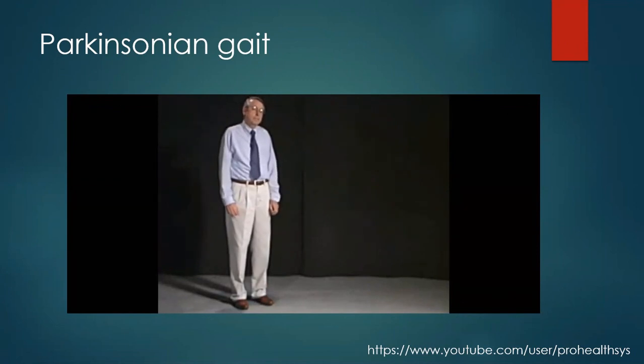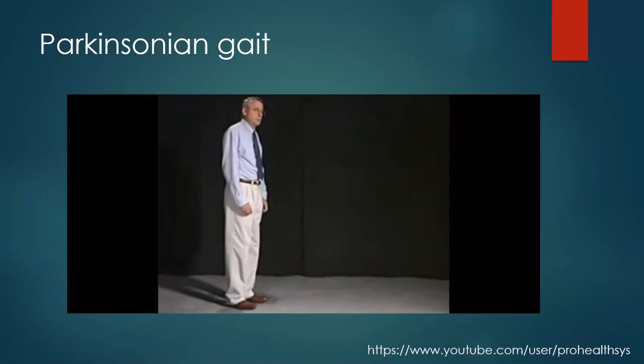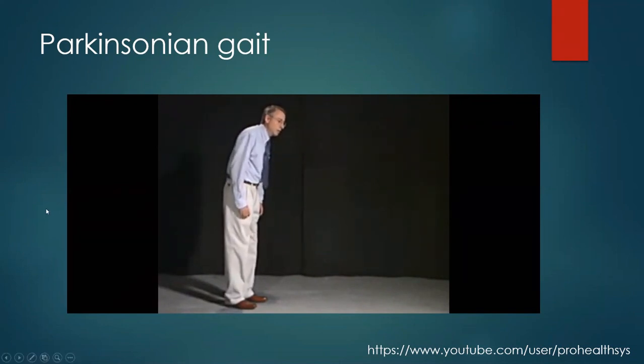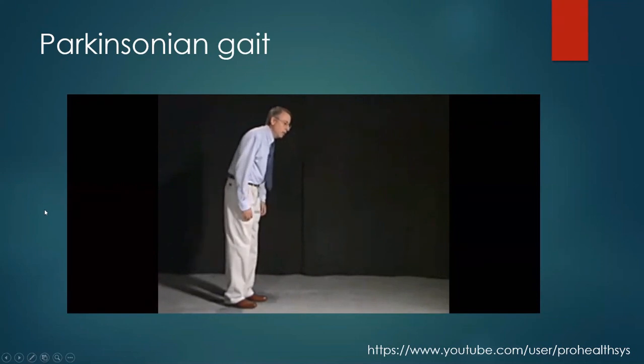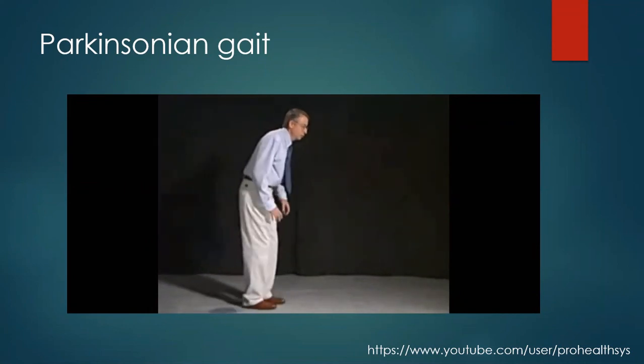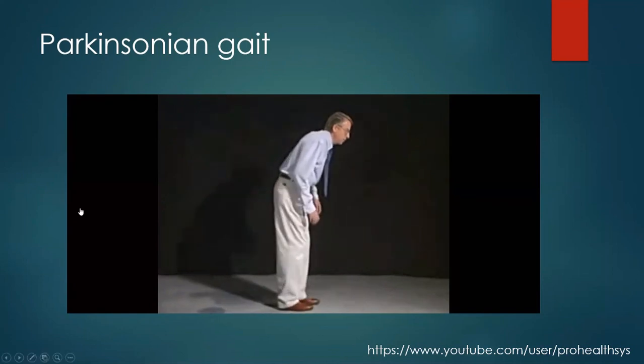The prototype is the Parkinson's or Parkinsonian type of gait, in which the patient will have a posture that is stooped over, leaning forward, and will have difficulty initiating gait. When the gait is initiated, there are small steps. Oftentimes there's a tremor associated with this.